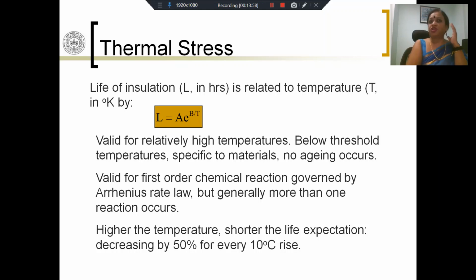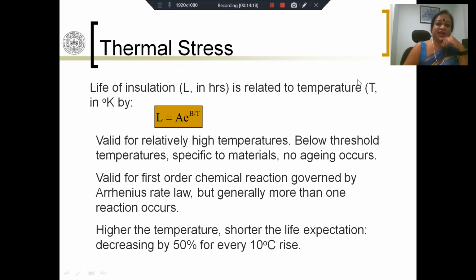So the temperature should not at all affect your material. Its lifetime should be independent of the number of hours of that temperature being stressed on the material. So below the threshold temperatures specific to materials, no aging occurs.